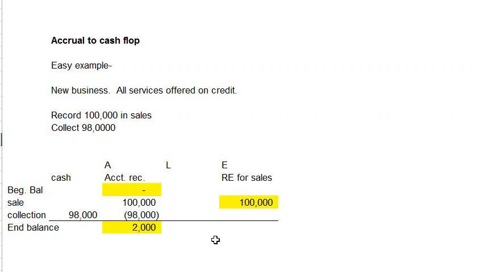So it makes sense to decrease your revenue number when your accounts receivable increased during the year. Likewise, if your accounts receivable decreased throughout the accounting period, then that means you must have collected more cash than you recorded in sales revenue.